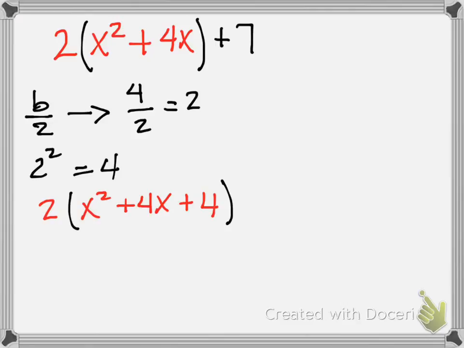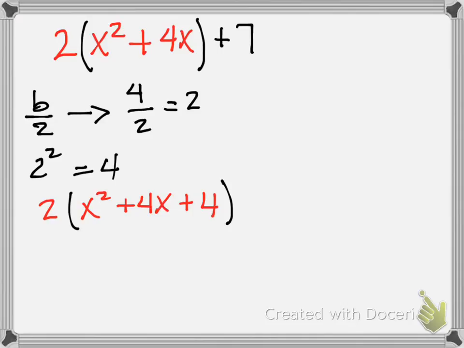So now here's what happened. It is squared, I get 4. So I add an extra 4 inside the parentheses. Remember, if I put something that wasn't there, I also have to take it out. But keep in mind, there's a 2 outside the parentheses.